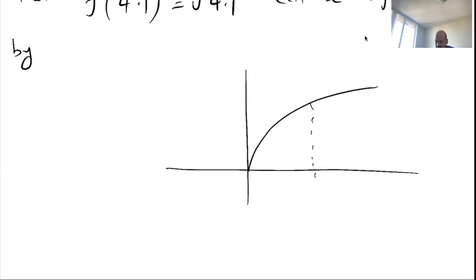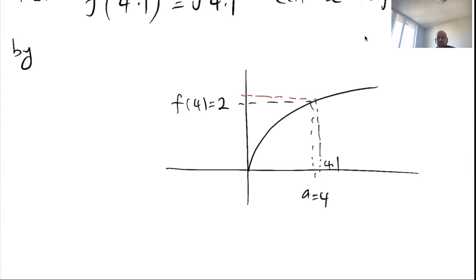We have a fixed point here, a equals 4. And then f of 4, which is 2. And then 4.1 is some point here. f of 4.1, which is root 4.1, can be approximated by f of 4, which is 2.